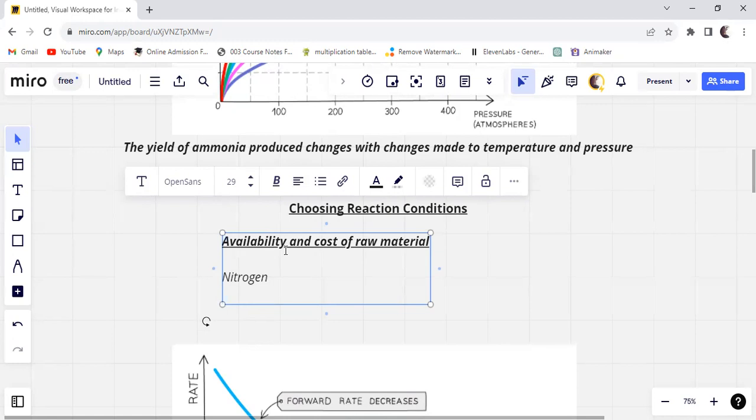The other raw material used in the manufacturing of ammonia synthesis is hydrogen. Hydrogen is also obtained from steam reforming of natural gas. So it is also an inexpensive raw material. So the first point is that the availability and cost of raw material must be considered in order to set up the industry or the company.